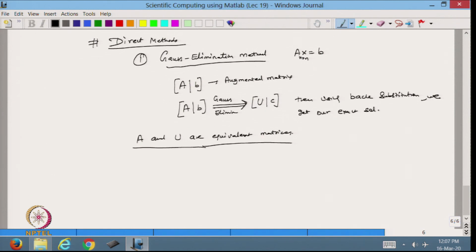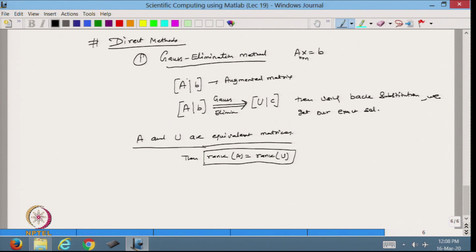So, that is the Gauss elimination method. Since A and U are equivalent matrices, the rank of A is the same as the rank of U. That is another property of equivalent matrices: the rank is the same and the other nature of the matrix does not change. If A is singular, then U will also be singular; if A is non-singular, U will be non-singular.